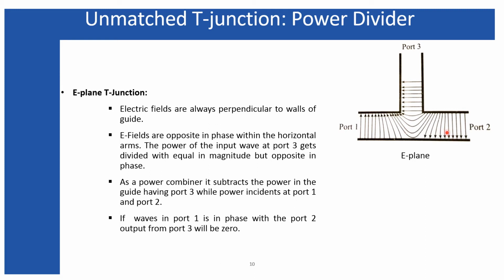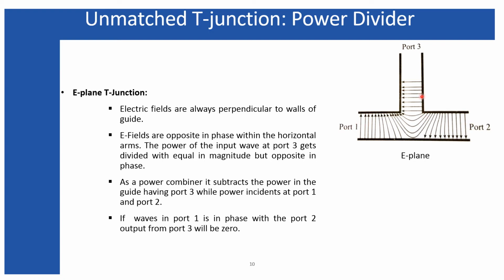So these represent that the phases of the waves available from port 1 and port 2 are opposite. So when you are using this E-plane T junction as a power divider, the power will be divided in equal magnitudes, so we generally call it a 3 dB power divider. But the phase of the available waves from port 1 and port 2 will be opposite to each other.